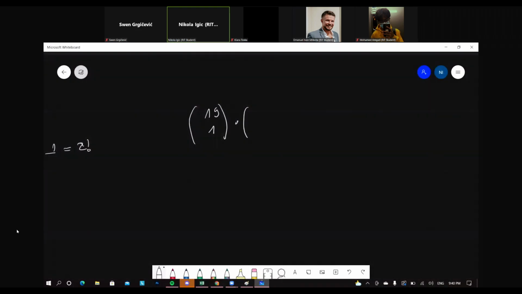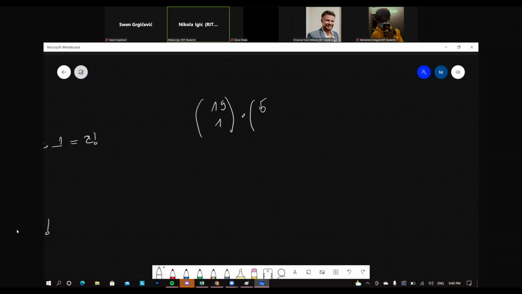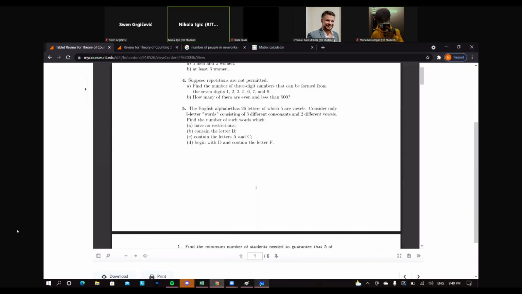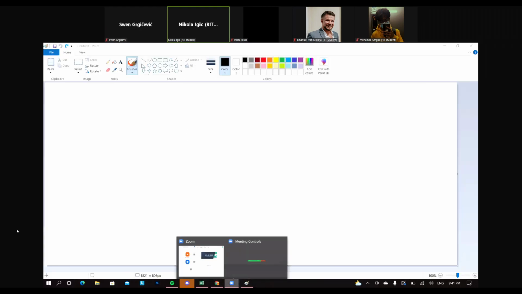So what is left? 5, because I didn't lose anything. And what is also left? I have 3 and 2, which is 5 things, but I know it begins with a D. So, like I said before, I have 5 combinations, but I know the first one is D, so I'm only left with 4, which is 4 factorial.